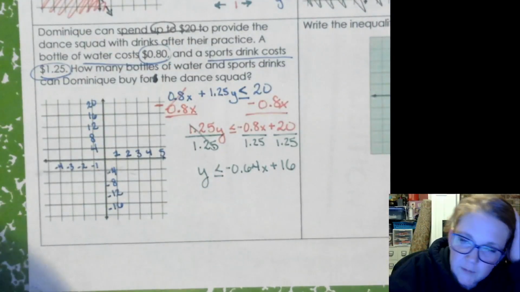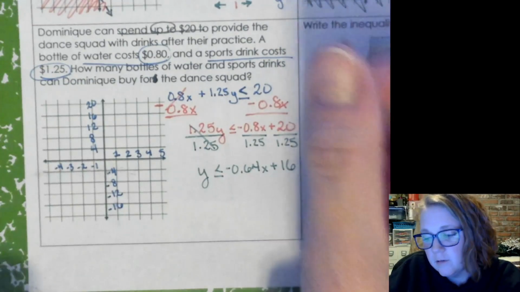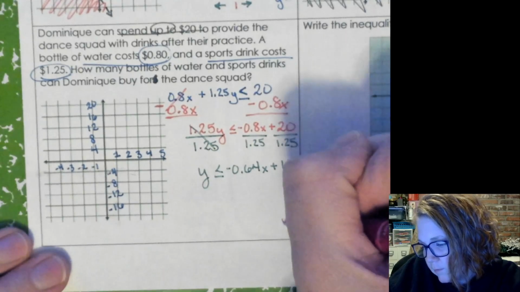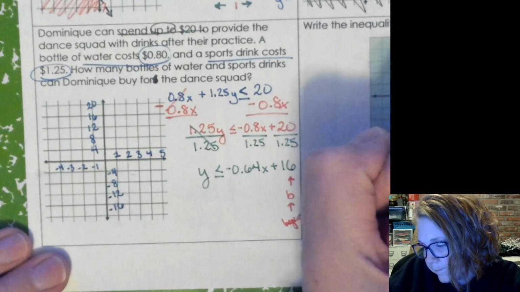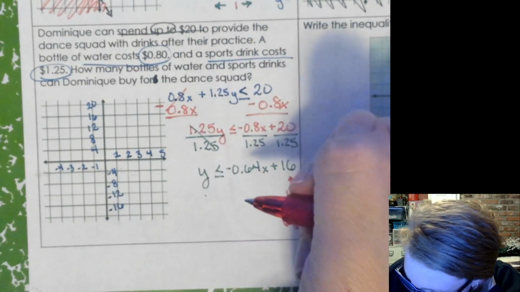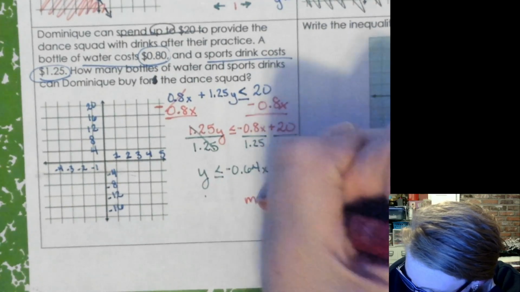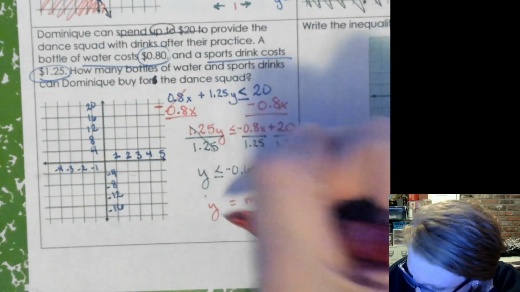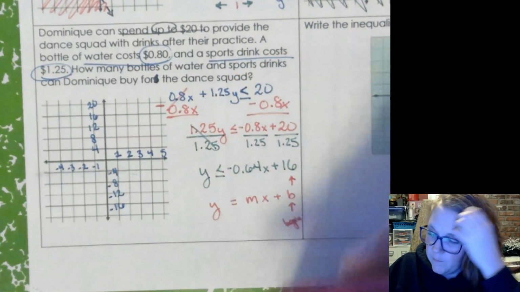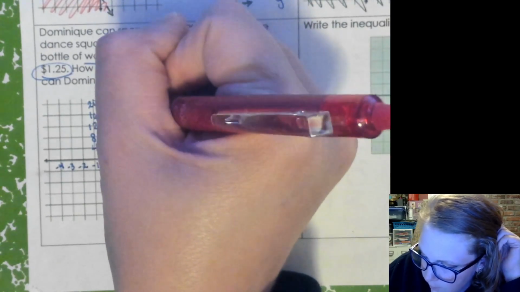Alright, so now that we have all of our stuff, we're gonna begin. Okay, we're gonna begin at 16. Remember, we're trying to make this look like y equals mx plus b. So that's 16 right there.